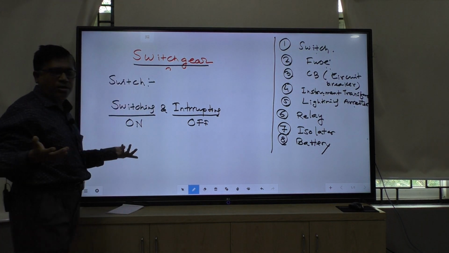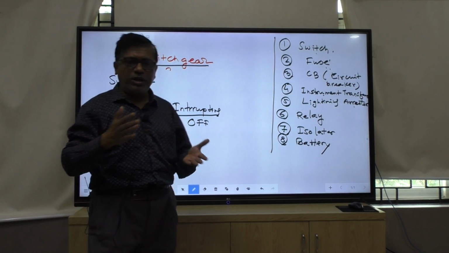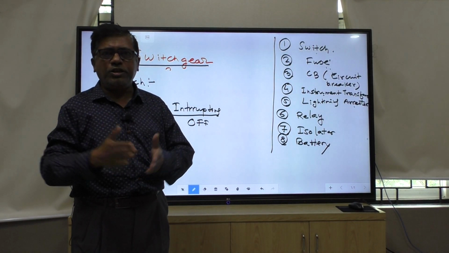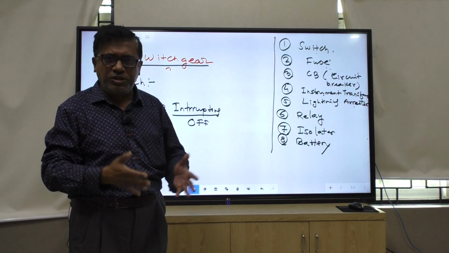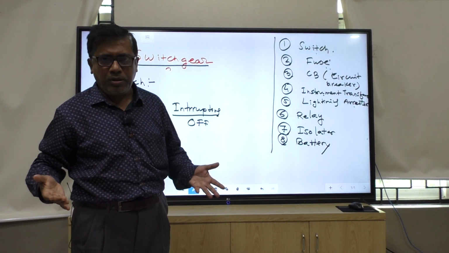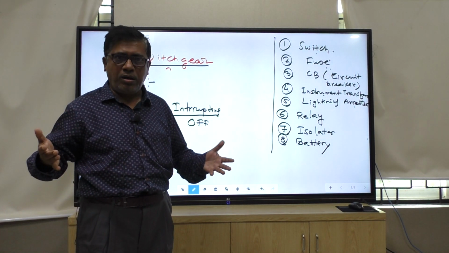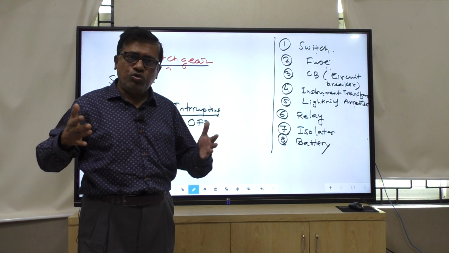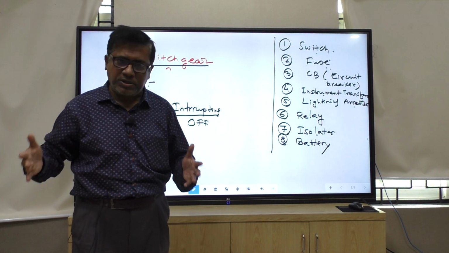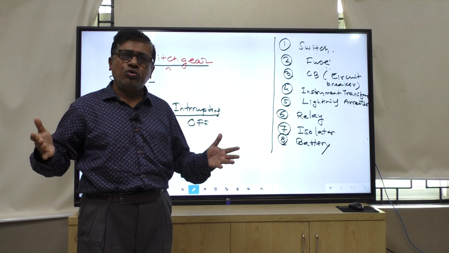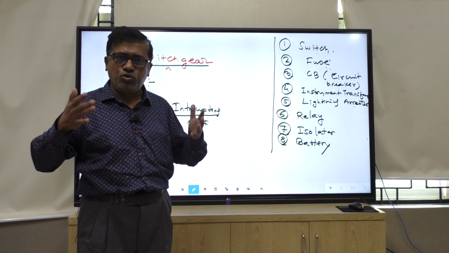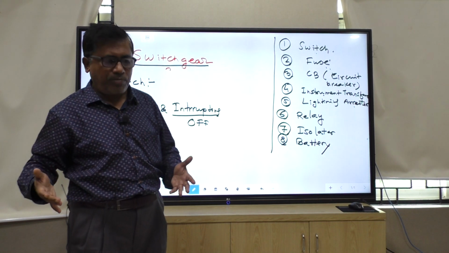Very common words, on and off. Turning the circuit on, turning the circuit off, that is known as switching and interrupting. In electrical engineering switchgear, there are different terms. We are not calling it switch on, switch off, we are calling it switching and interrupting.